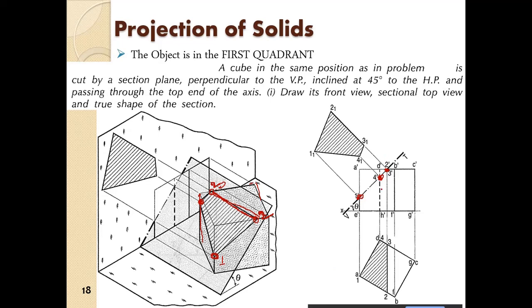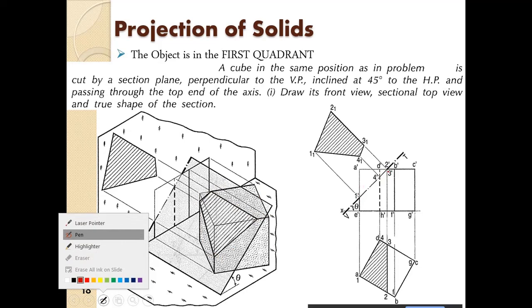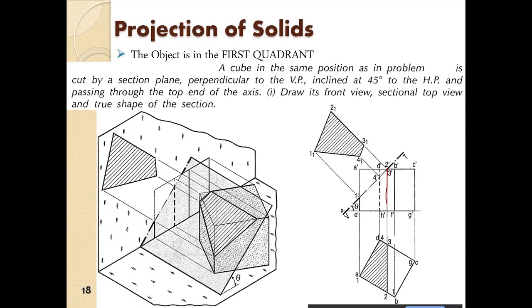Okay, so after getting those points, from these points we draw the projectors down. So we have got the 3 point. Now we also need to get the 2 point. From this point, that is 2 dash 3 dash, we have projected the projector vertically down, so we get the 3 point and 2 point.